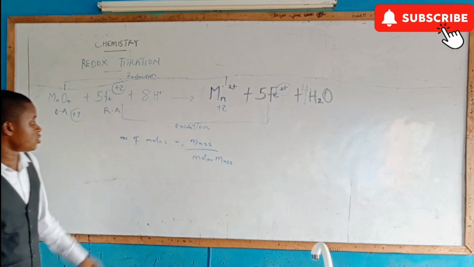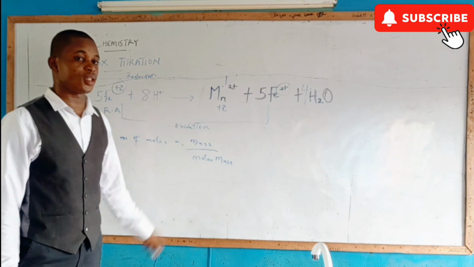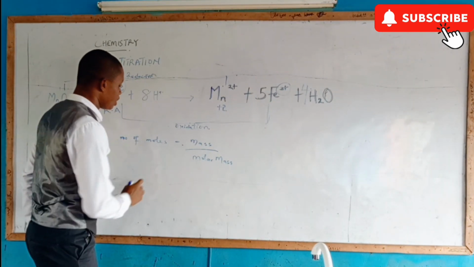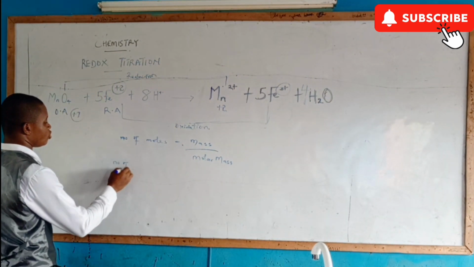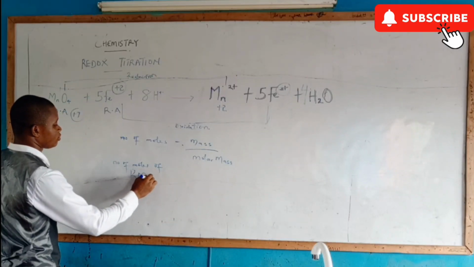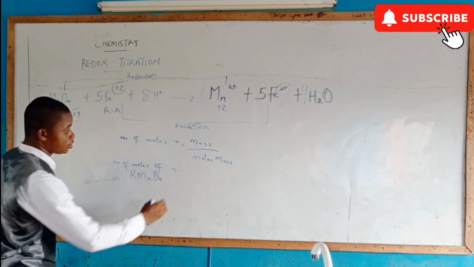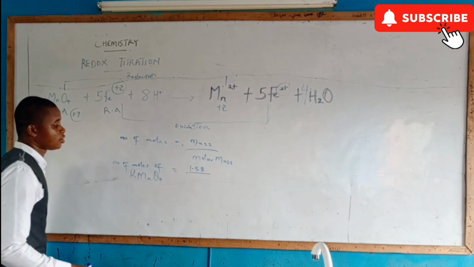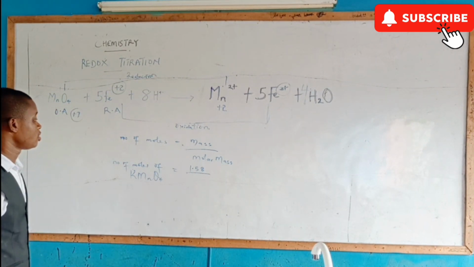The number of moles is measured in moles, the mass is in gram, and the molar mass is in gram per mole. Now, for the mass given, let's take, for example, you want to get the number of moles of KMnO4, potassium permanganate. The mass given is 1.58, and the molar mass can be calculated from our basic chemistry.